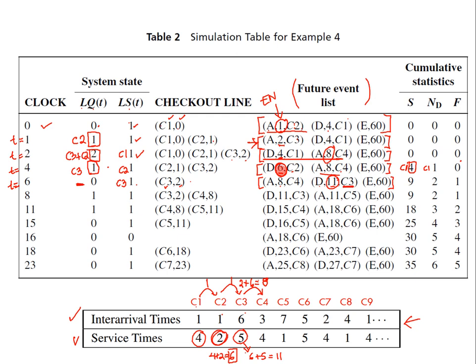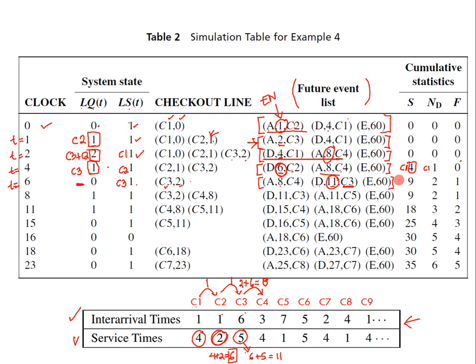Yes, because we want to calculate the time spent in the system, which is from the arrival to the exit of the system. So customer 2 departs at time 6 but arrives at time 1, right? Okay, so 6 minus 1 becomes 5, right?